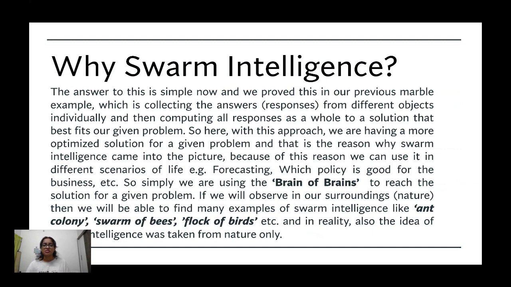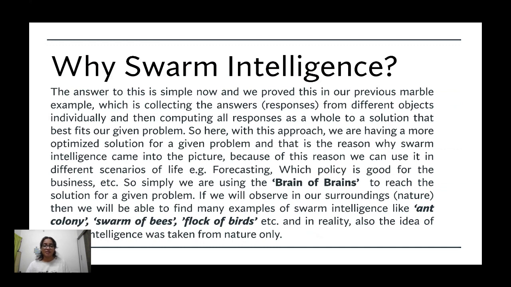Why swarm intelligence? The answer is simple now, and we proved it in our previous marble example, which is collecting the responses from different objects individually, and then computing all responses as a whole to find a solution that best fits our given problem.